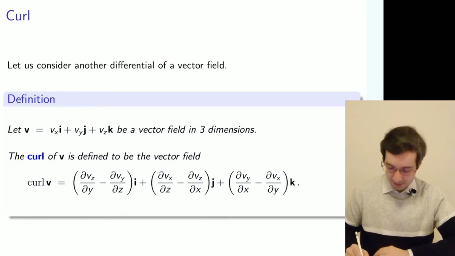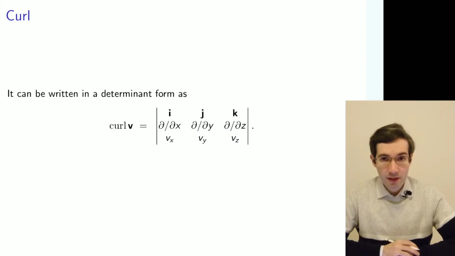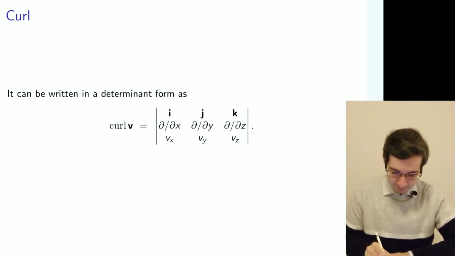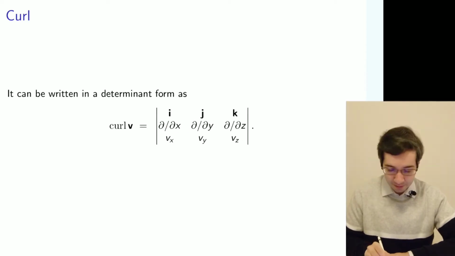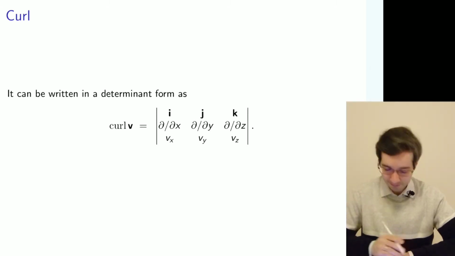If you look closely at that, you will realize that this is something to do with the determinant of the vector field and of the nabla operator together with the three principal unit vectors.